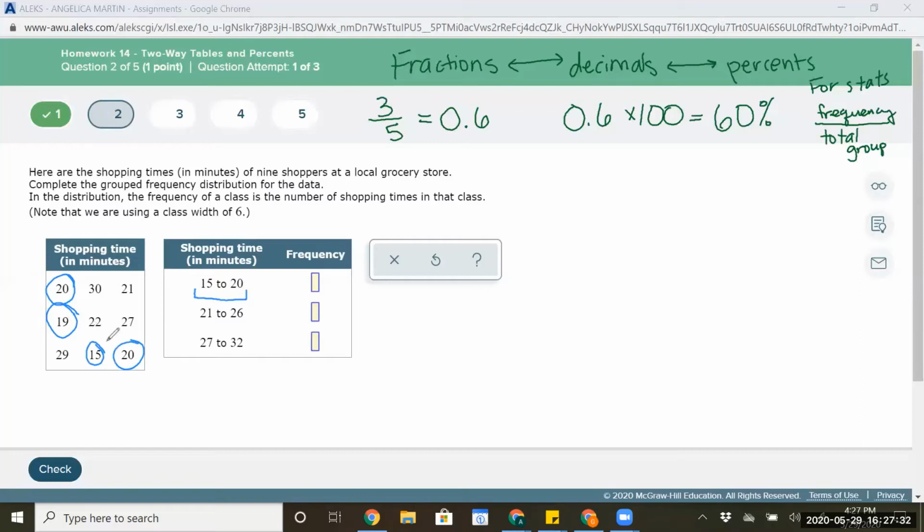And so I can very clearly see that I've got 4 different data points that can be placed into this class of 15 to 20.